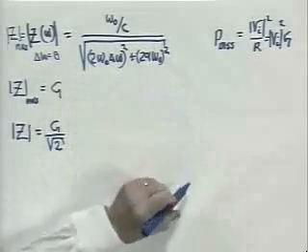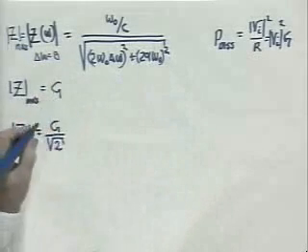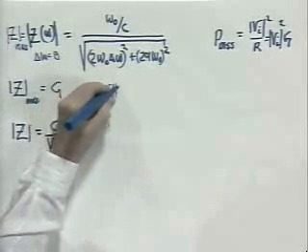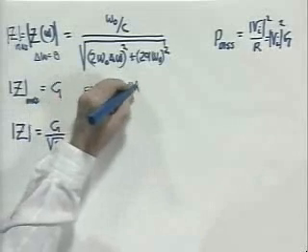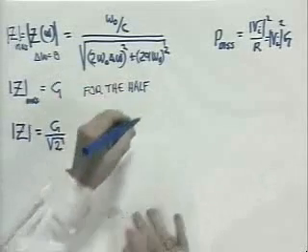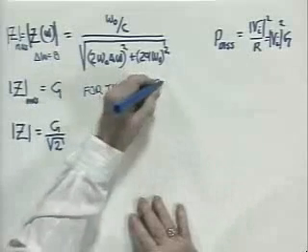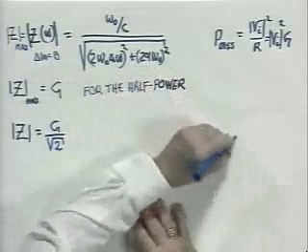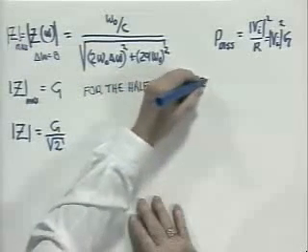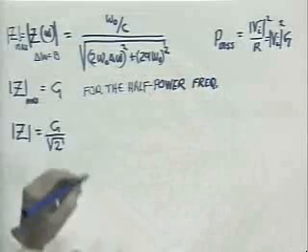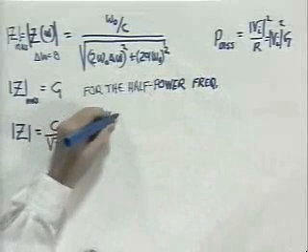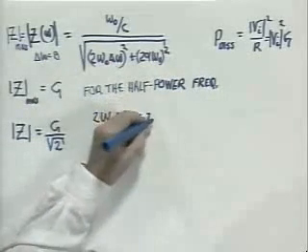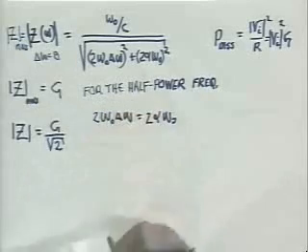2 alpha omega naught. And for that to occur, that is for the half power frequencies, the frequencies at which the voltage for a constant current drive is reduced by 1 over the root of 2, or the power dissipated in the resistor is reduced by a factor of 2, we have to have 2 omega naught delta omega, the magnitude of the real term, equal to the magnitude of the imaginary term, 2 alpha omega naught.